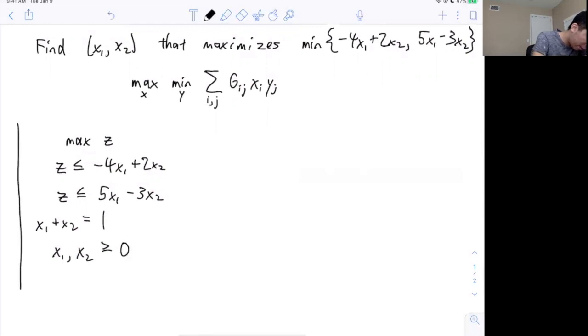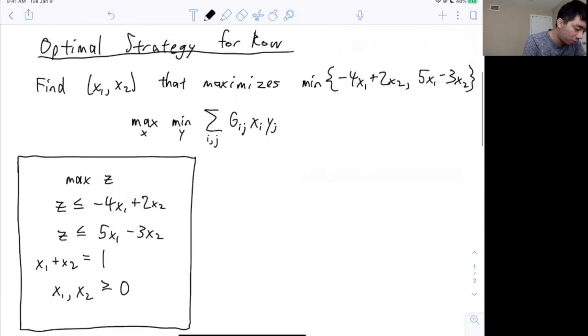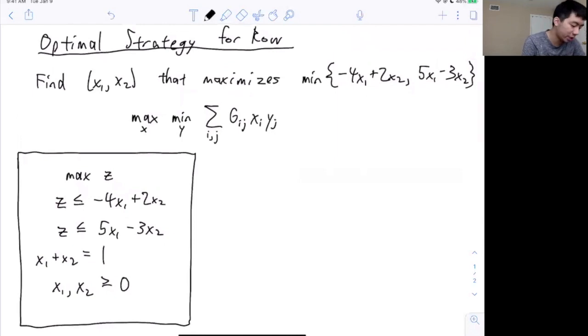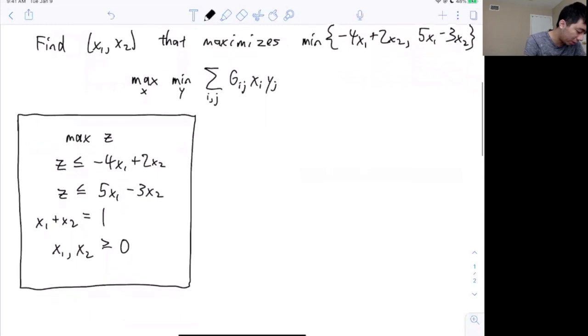So now we have here a linear program. If we solve this linear program, we can figure out the maximum expected value of the game when the row player reveals their strategy first. There are 3 variables here.